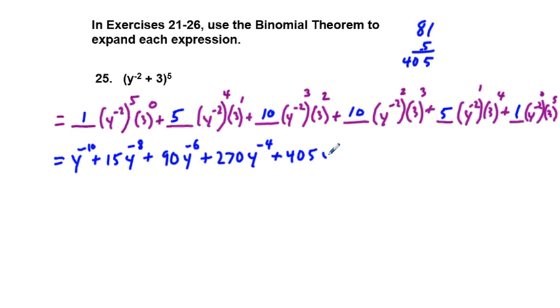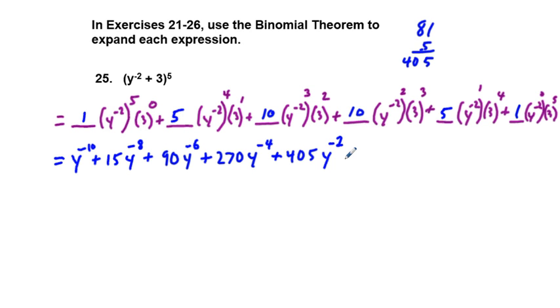y to the power of negative 2 times 1 is going to be negative 2. And then we're going to have this last one here, which is going to be 3 to the power of 5. Well, 3 to the power of 4 is 81, so 3 to the power of 5, I think, is 243, isn't it?